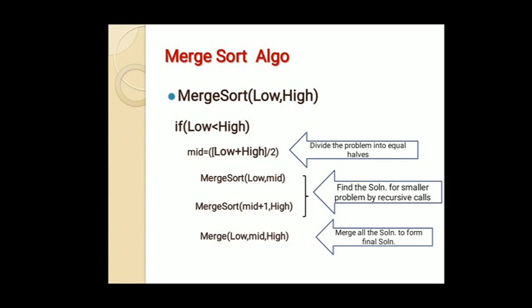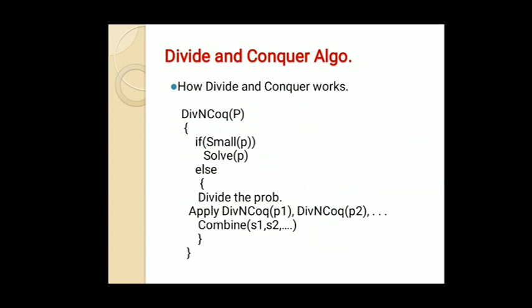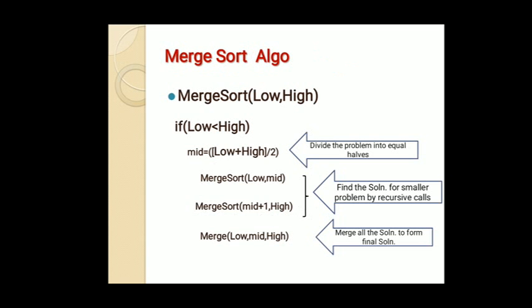So that is to say, we divide the given array of size n. Next we apply the same divide and conquer strategy we have seen here, in terms of dividing the problem, so apply divide for P1, P2 and so on. Similarly, these two statements are recursive calls: merge sort low, mid, and merge sort mid plus 1, high.